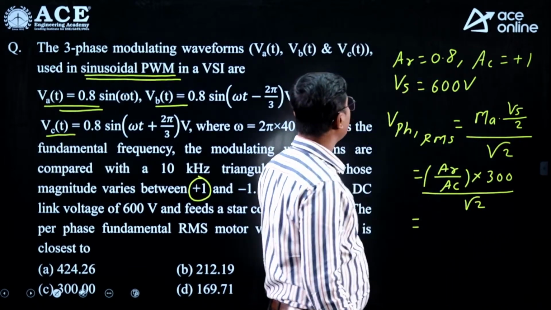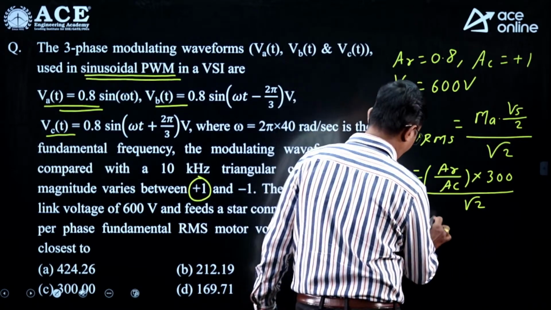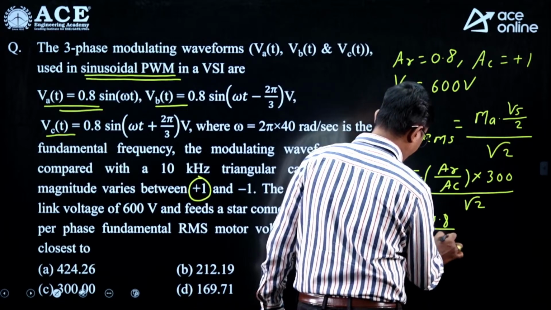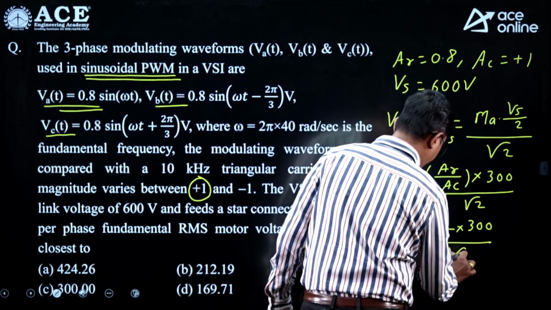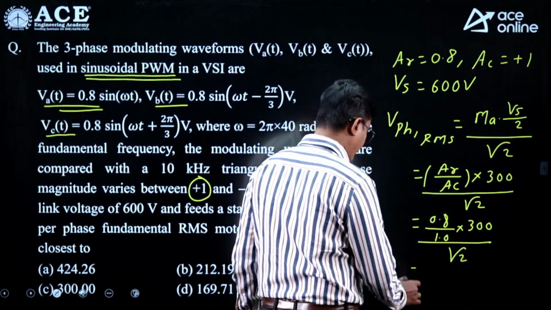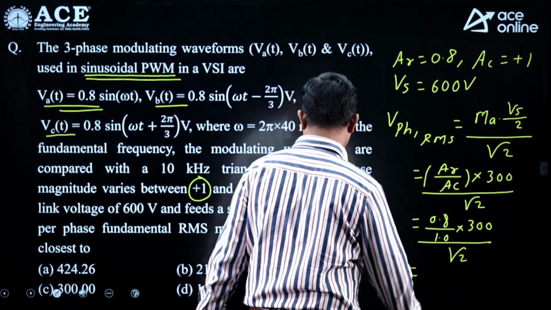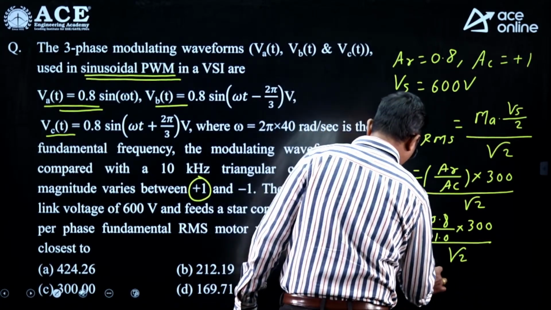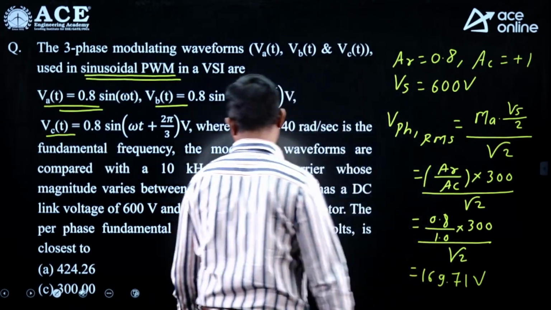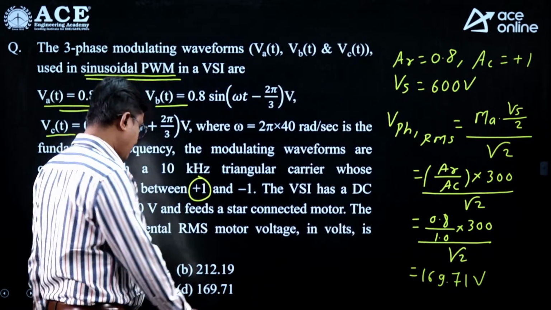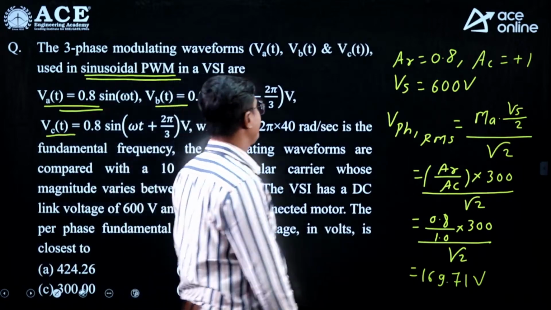So it is equal to 0.8 upon 1 into 300 upon √2, right? So it is 240 upon √2. You can simplify this, and we will get 169.71 volt, right? 169.71. So option D is the correct option.